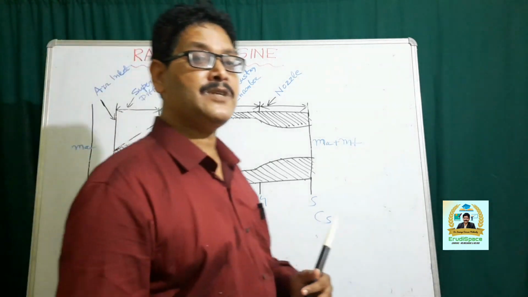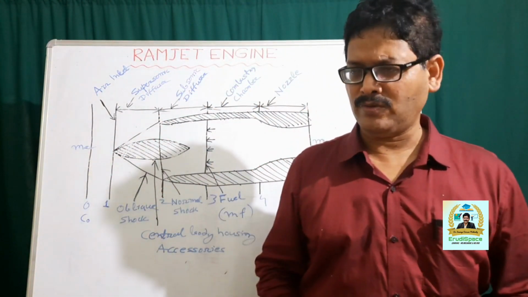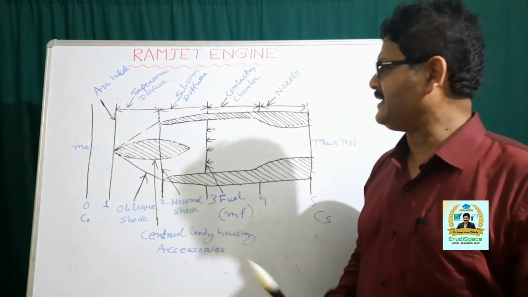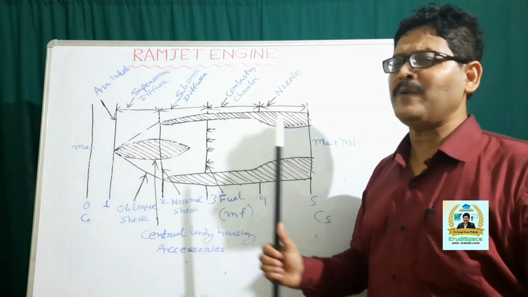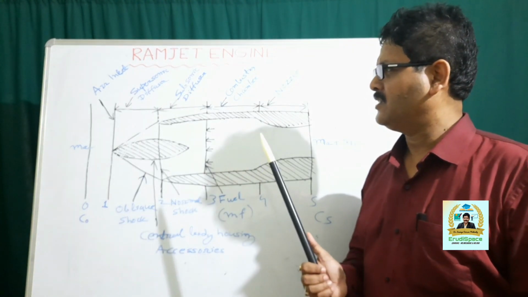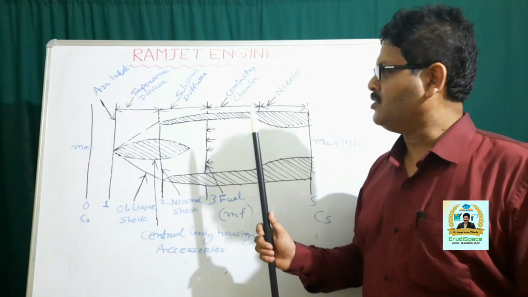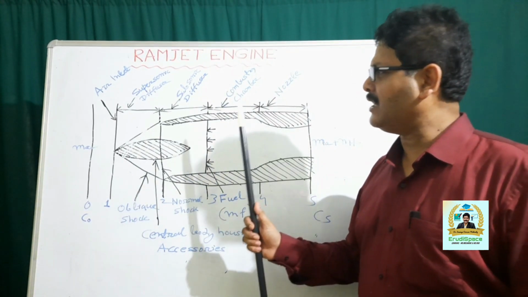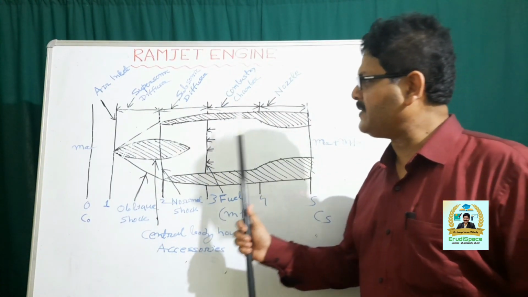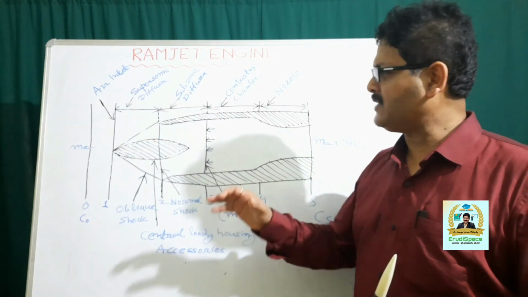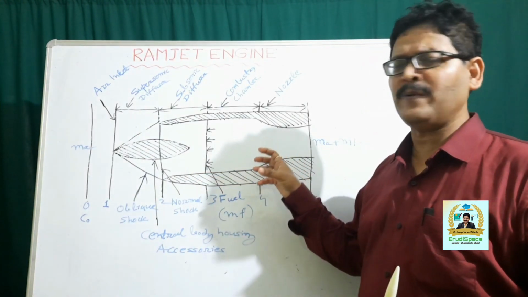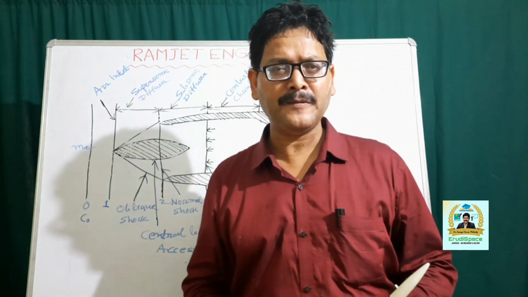But it does have some demerits also. I have told you that it is not a self-propelling engine to begin with. So you have to use a launching device to give it a motion, and once it starts operating, it becomes self-sufficient.